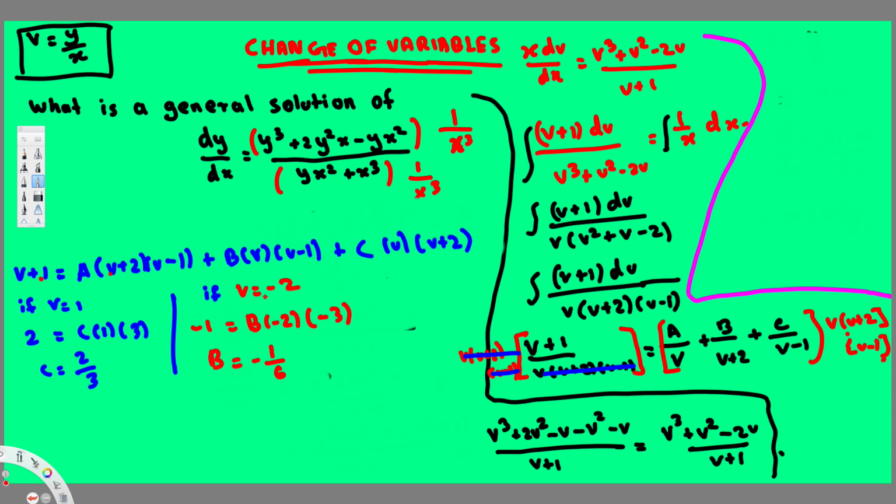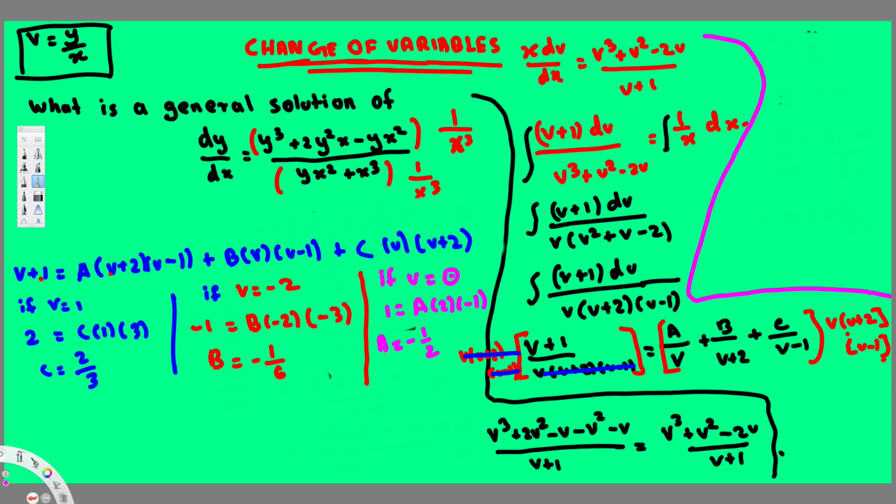Okay, so v is equal to 0. If v is equal to 0, b and c will cancel. So in that way we can find a. V is equal to 0, these two are going to be 0, this is going to be 1. 1 is equal to 2, and this is going to be negative 1, right? So a times 2 times negative 1. Therefore a is going to be minus 1 over 2.